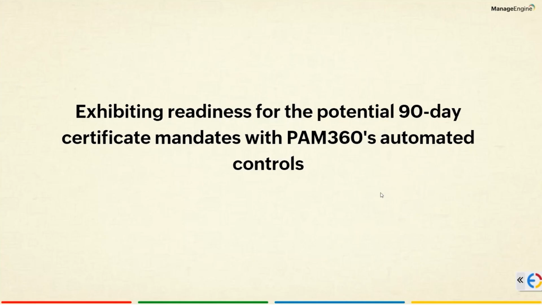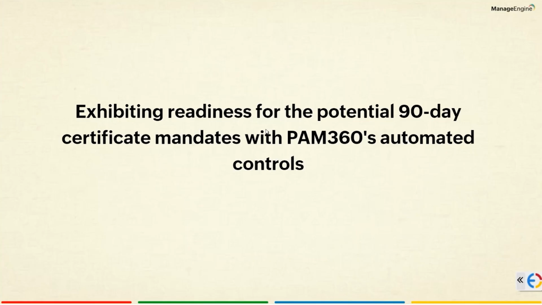The shorter validity period enhances security by ensuring that the certificates are updated more frequently, reducing the risk of using compromised or outdated cryptographic algorithms. Now when it comes to the recent trend and future directions, we are following 90-day certificates, right?